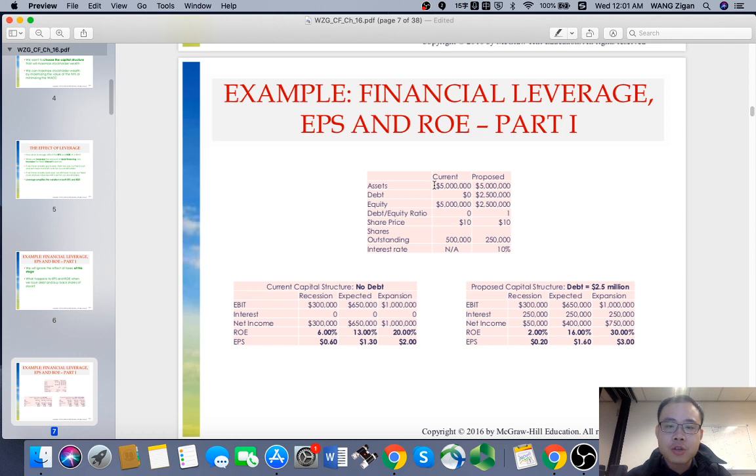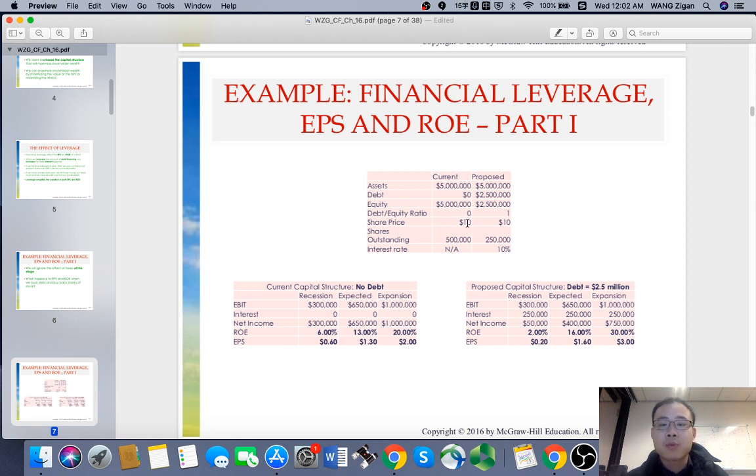For example, you have two capital structures. One is the current one, where all of the assets are raised by equity, and the proposed one, where half of your assets are raised by debt and half by equity. In the first one, your debt equity ratio is obviously 0 because you have no debts.